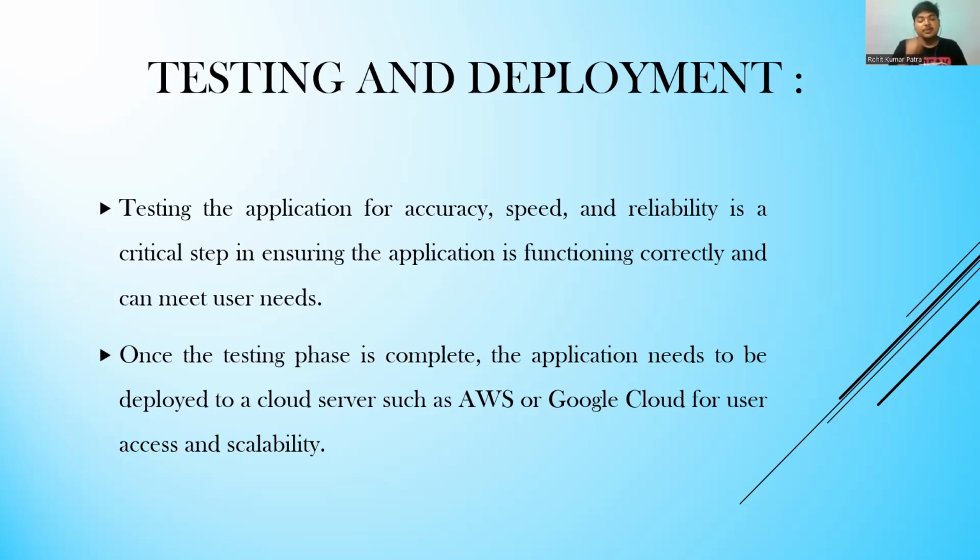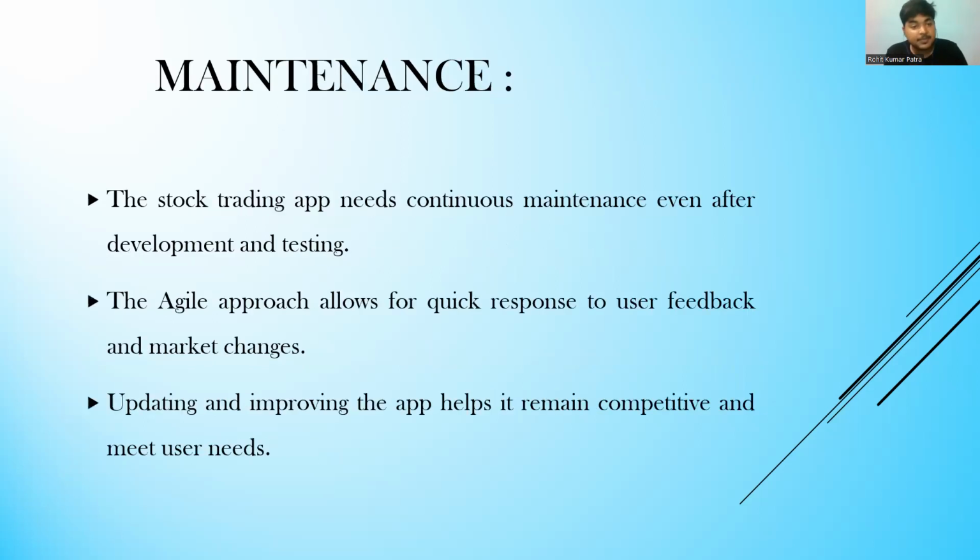If we develop a project but it is not giving a quick response, the user will not use that product anymore. So testing is very important. Once the testing phase is complete, the application needs to be deployed to the cloud. As I have told, it is Amazon Web Services or Google Cloud, with user acceptance and scalability. After the deployment is over, then comes maintenance.